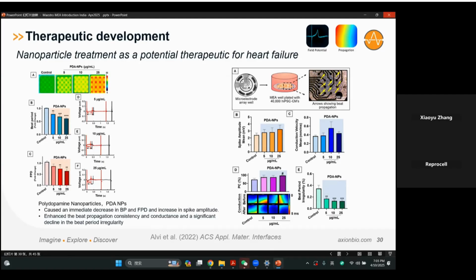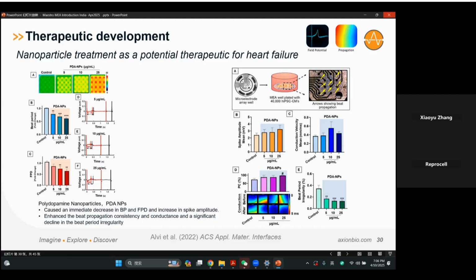The MEA data showed that the treatment caused a concentration-dependent decrease in beat period and FPD, and an increase in spike amplitude, as we can see here, suggesting that the treatment with the nanoparticles enhances the depolarization of the cells. Furthermore, a similar response was observed in conduction velocity across the cells.